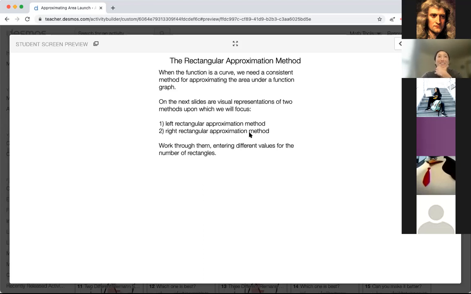All right, we're going to take a look at a left rectangular approximation and a right rectangular approximation, and we're going to find different values for our approximations. We're also going to consider how many rectangles we should split things into.